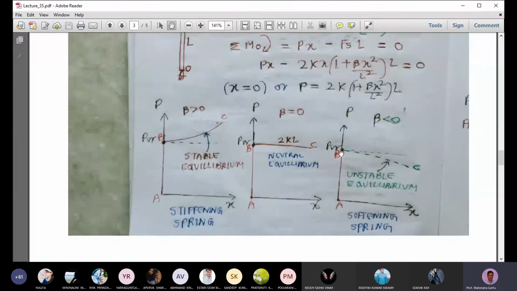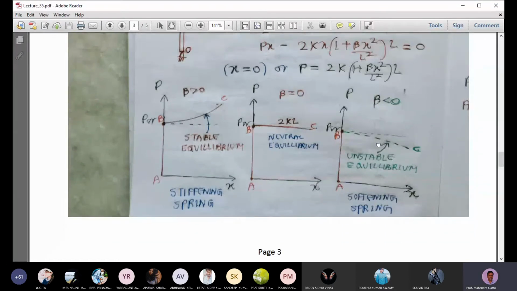Okay, and here, what will happen for the softening case? Suppose you have some intermediate point P1 and there is a corresponding distance x1. Now if you move by a small amount to the right, the stiffness of the spring is reducing because it is a softening spring. The restoring force is reduced. As a result, the column will keep on deflecting to the right.